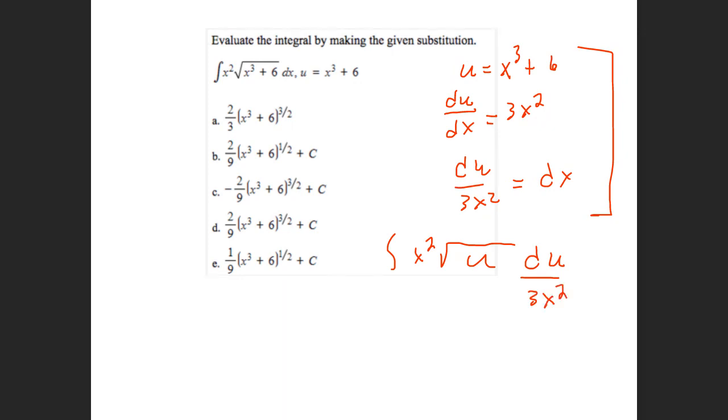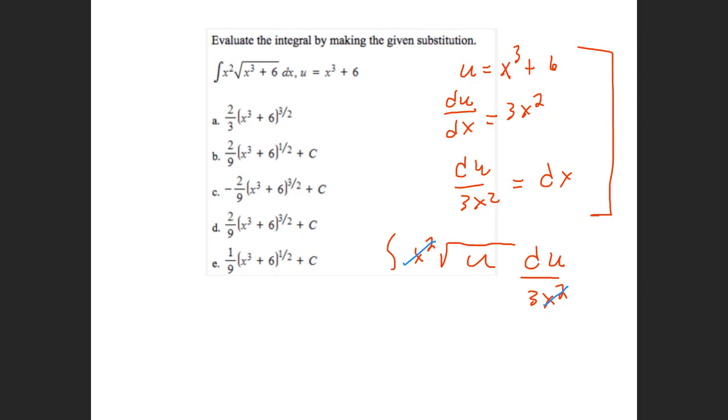You can never, ever, ever, let me repeat this, ever take an integral if there are two different variables. Well, look what happens here. This x squared on top crosses out this x squared on the bottom. And if that didn't happen, something is terribly wrong. Then you used the wrong u value, because you cannot have u's and x's when you're taking an integral.